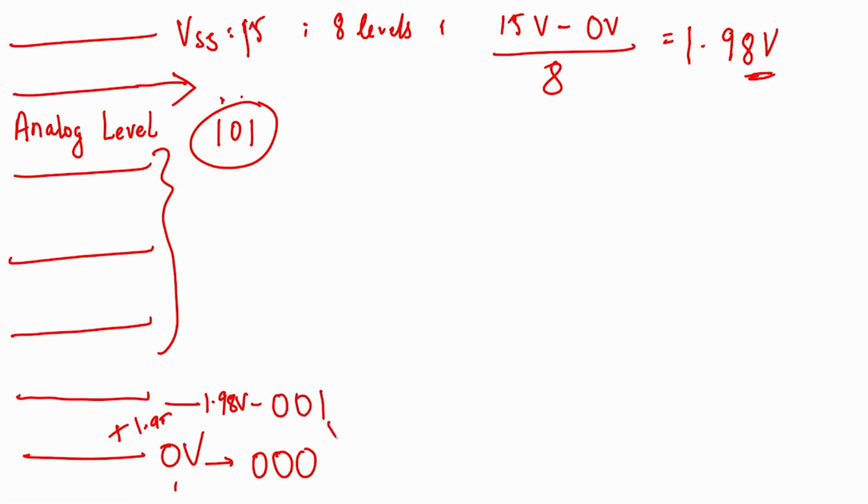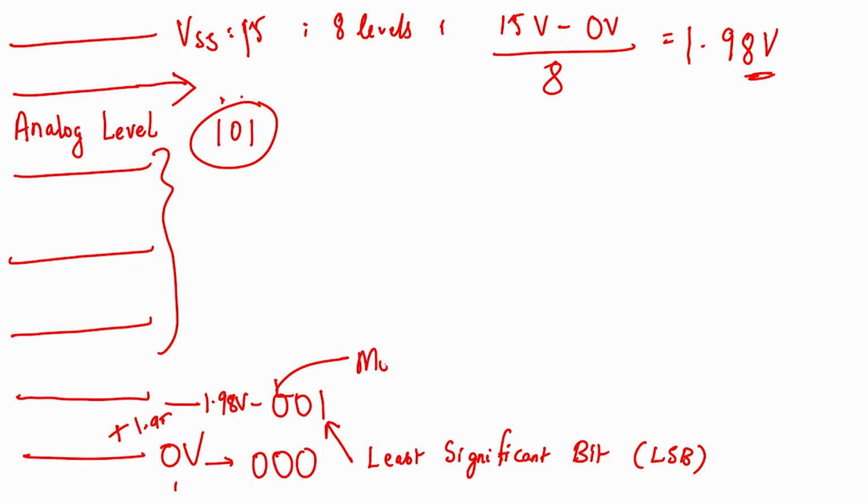So this is what we call the least significant bit or LSB, and this is what you call your most significant bit or MSB.